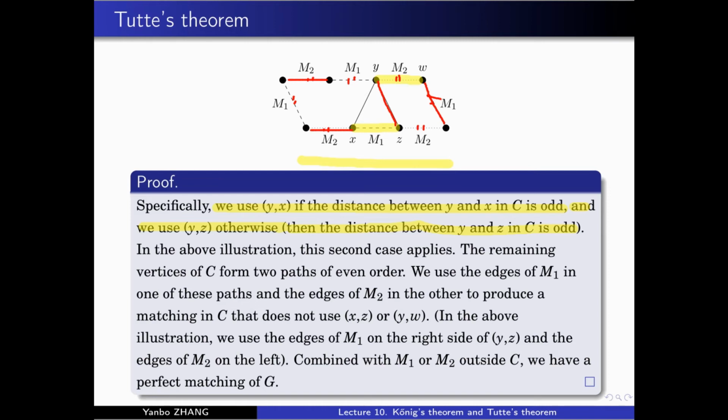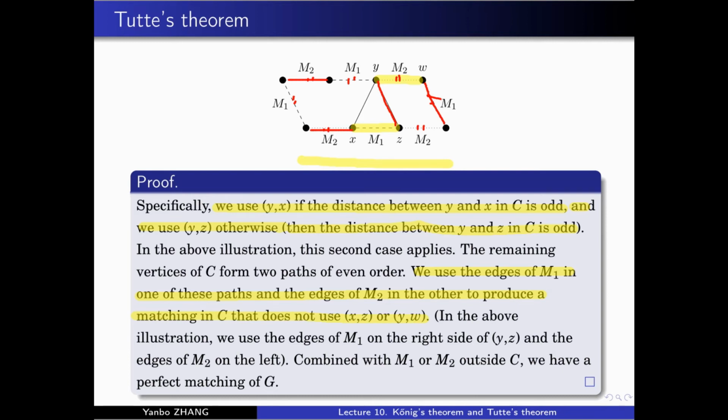Then the remaining vertices of C form two paths of even order. We use the edges of M1 in one of these paths and the edges of M2 in the other to produce a matching in C that does not use the edge xz or yw.